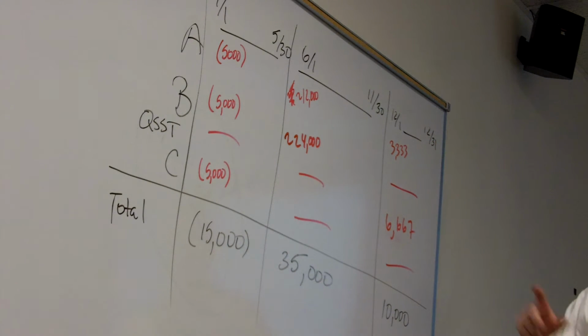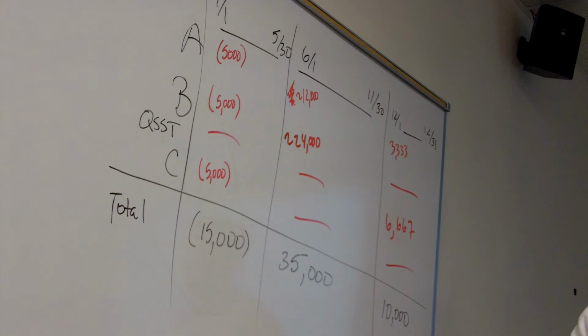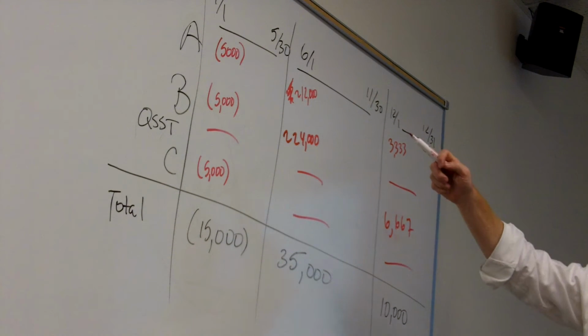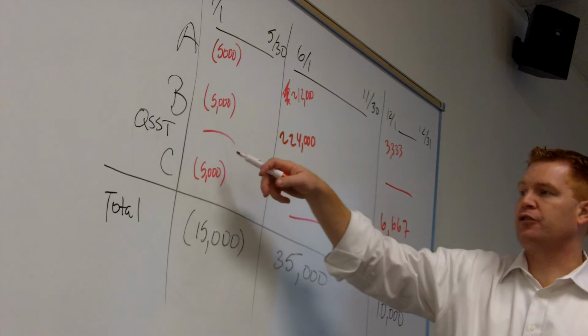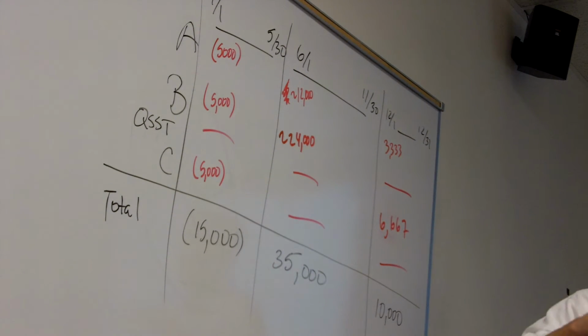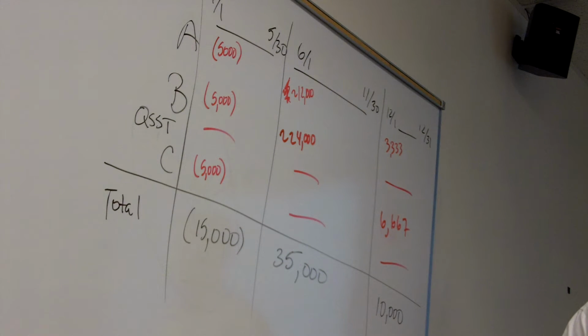You're allocating out. Notice that nothing's going to change for A in any event, because A owns 1/3 the whole time. So A gets 1/3 the entire time. B, the QSST, and C get impacted by this. So this shows what would happen under a closing of the books method.